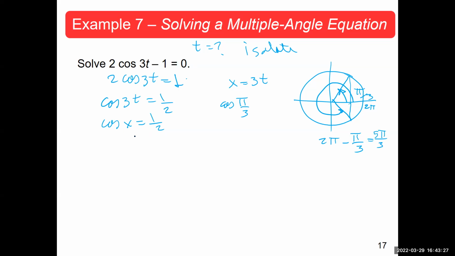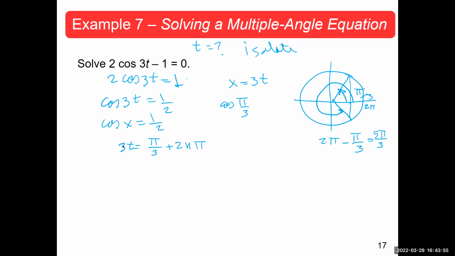So now instead of x, I'm going to put 3t equal to the first angle, pi over 3, plus 2n pi.